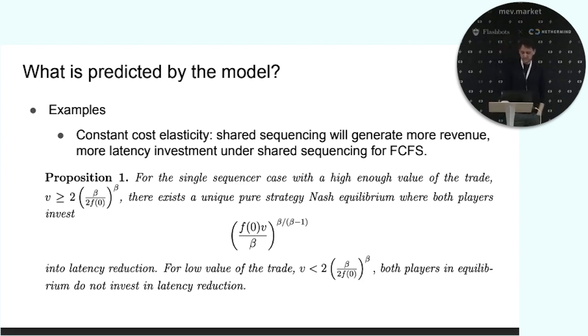And there you have basically a result of the kind: in a shared sequencing regime, not only will people enter the competition for lower values of the arbitrage, but also conditional on entering, they will invest more, right? So they will compete harder in this regime. That's the bottom line of this proposition.